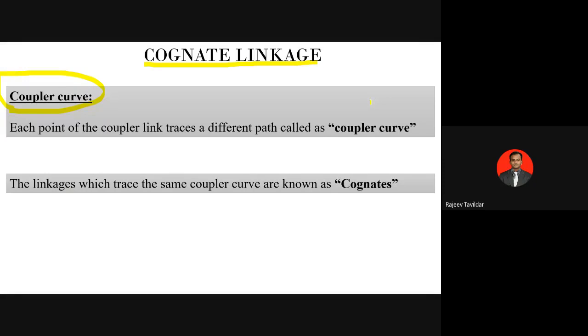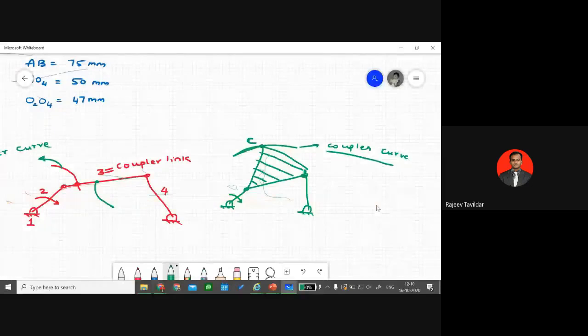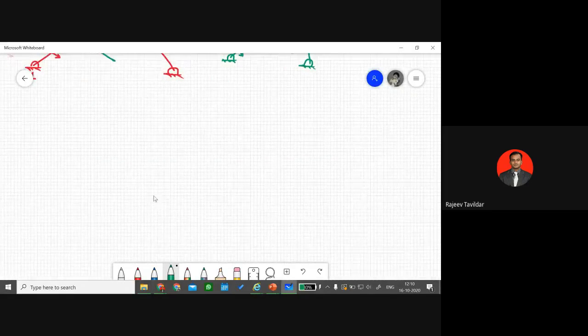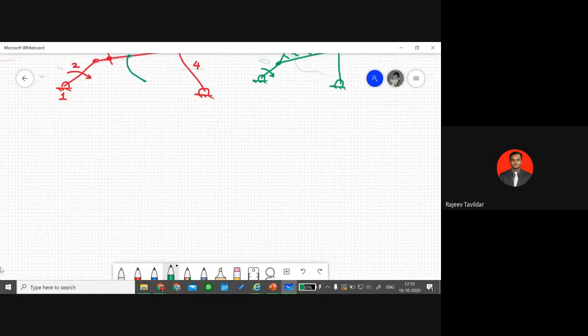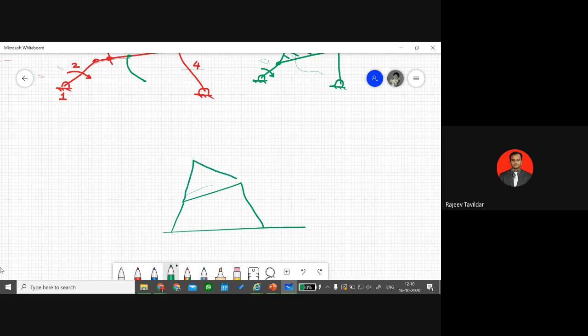Now the second point in this slide says that the linkages which trace the same coupler curve are known as cognates. What does this mean? Let me draw one mechanism here again. Let me make this a ternary link. So this is our mechanism 1.